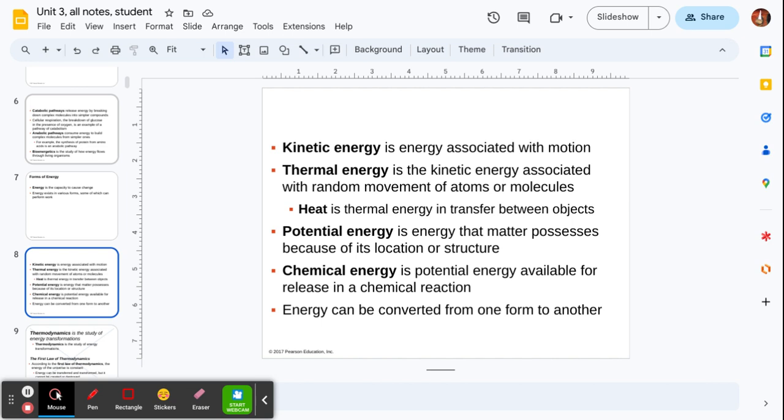Thermal, obviously, is that energy that's associated with, you go to touch a hot plate and it's, oh yeah, that's hot, right? And that is actually a form of kinetic energy, but again, we're not worried too much about that. We are worried about, however, kind of a subtype of thermal energy, which is heat, because we're going to see that heat gets transferred from objects.